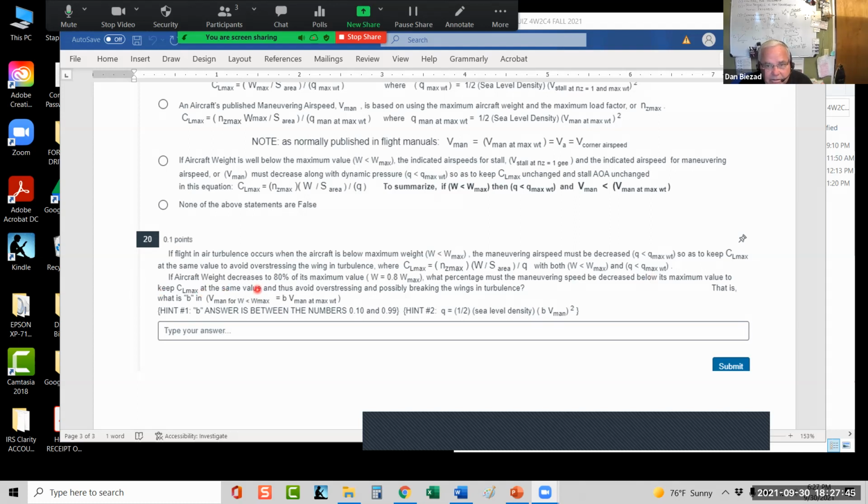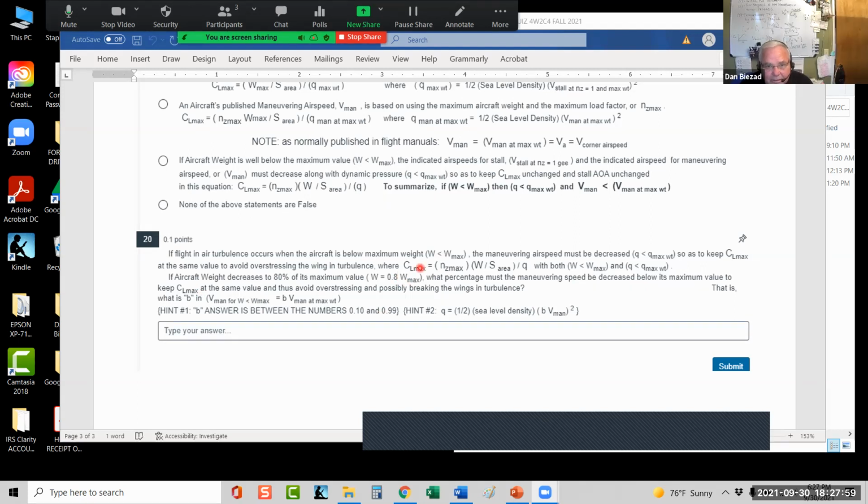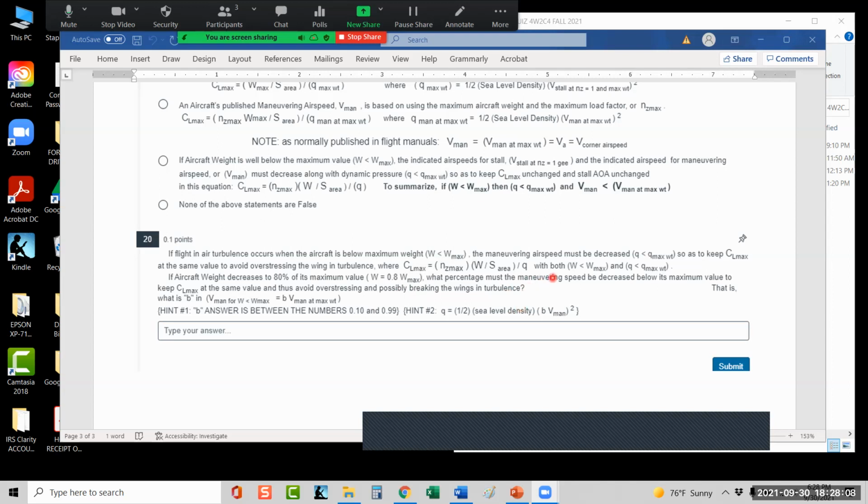So what must you do to the speed to get a 0.8 in the denominator? I got 0.8 in the numerator. I want to keep the same CL max, so I have to put 0.8 in the denominator, right? But it's speed squared, so what goes inside the speed is the square root of 0.8. Then when you square it, it comes out 0.8.